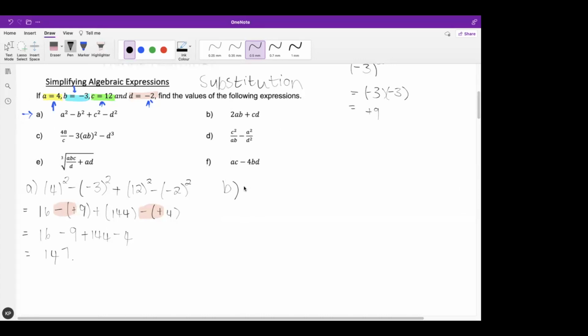So this is actually 2 times, and our A is 4, times B, which is a -3. And this is plus C, which is 12, times D, which is -2. Okay, let's get going.